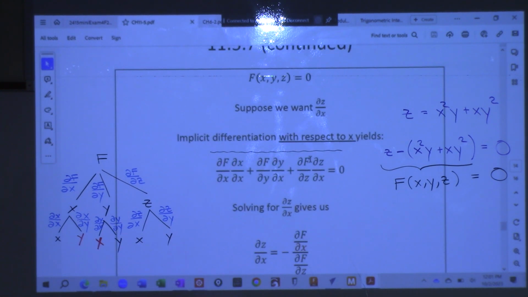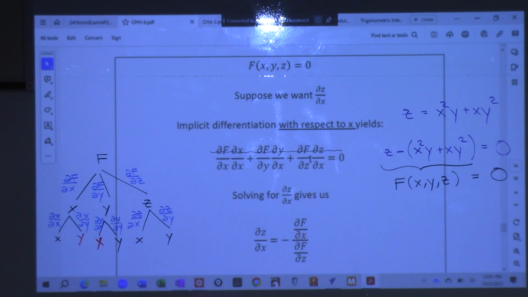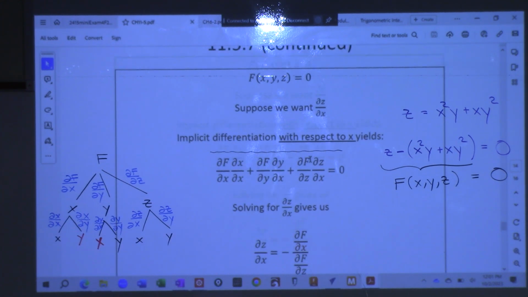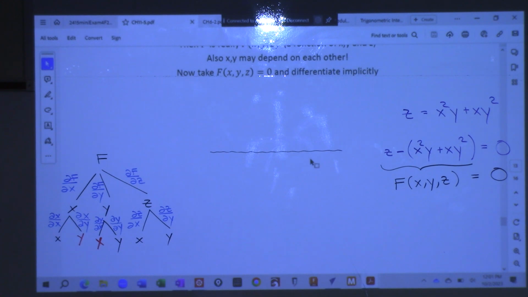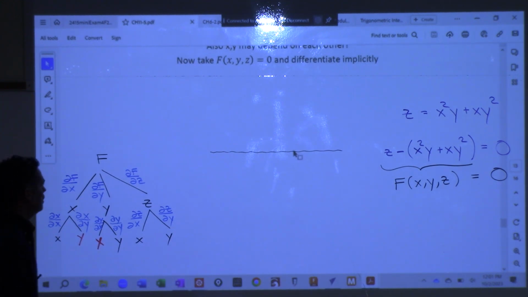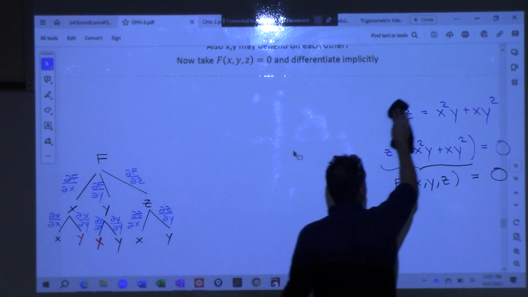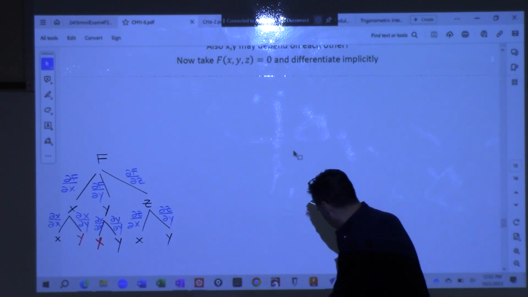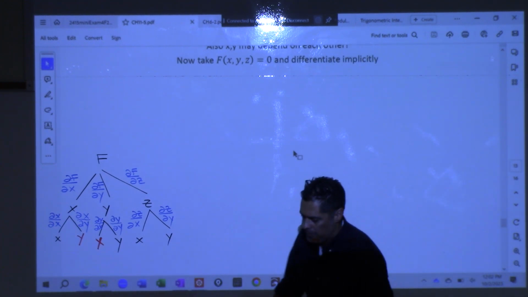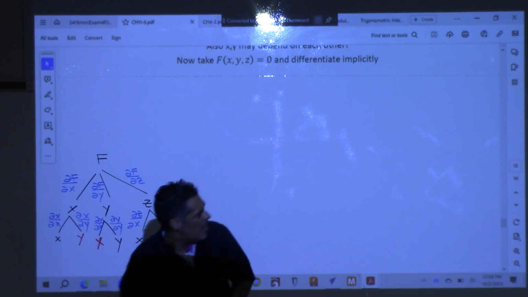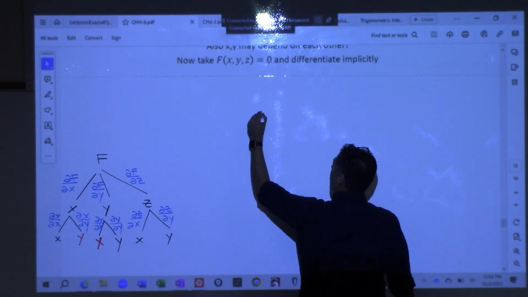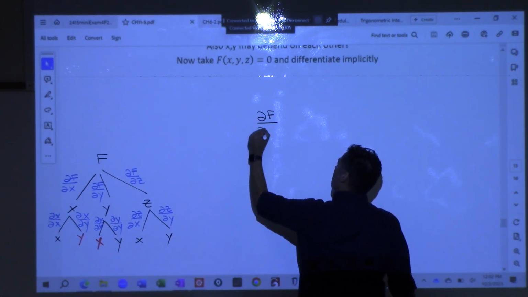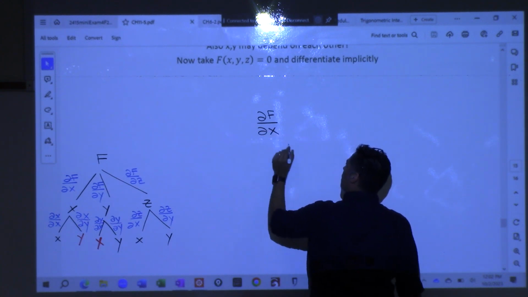I know you're like, what in the world are we doing, right? What derivatives are possible? There's two. What are they? Okay, yep, let's write it down. So one of the derivatives is partial capital F with respect to, let's go x first, right?